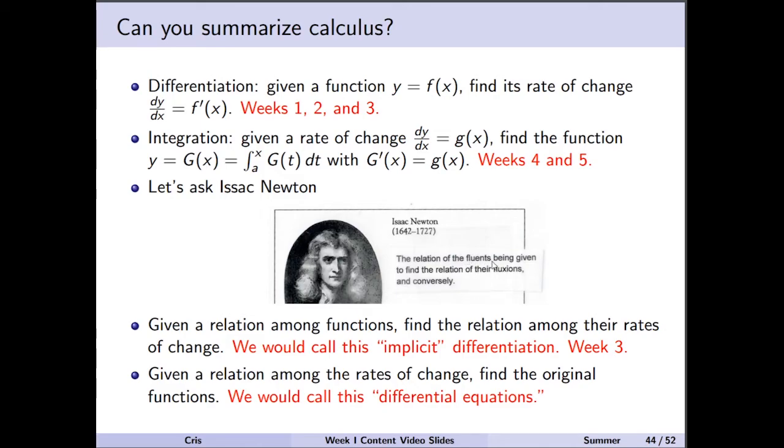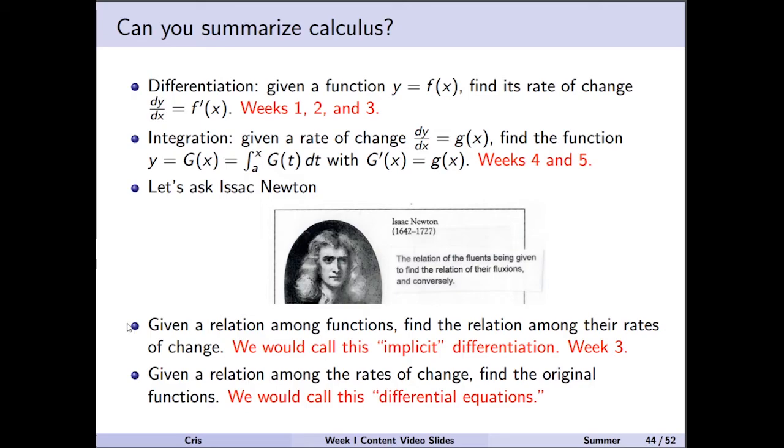A fluent is a variable, something that's flowing with respect to time, or what we would call a function. And a fluxion is what we would call a derivative. So Newton's saying calculus here is about giving a relation among functions, find the relation among their rates of change. We would call this implicit differentiation, and we will cover implicit differentiation in week 3.